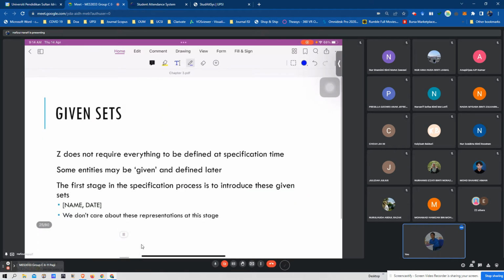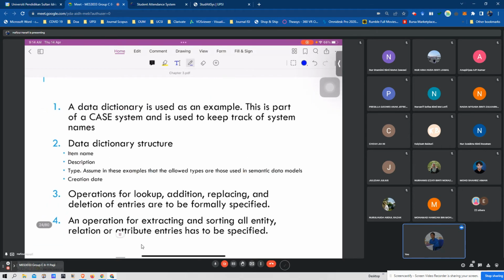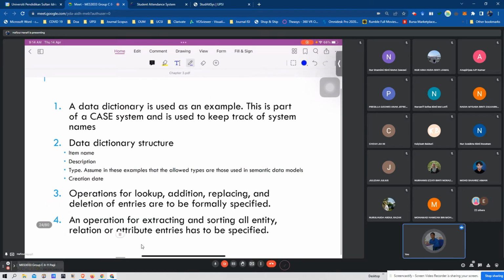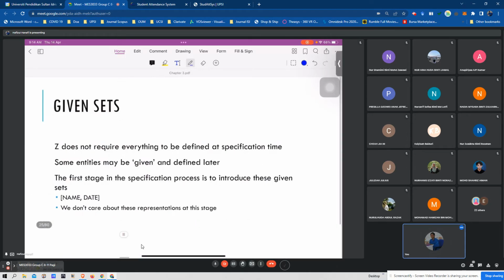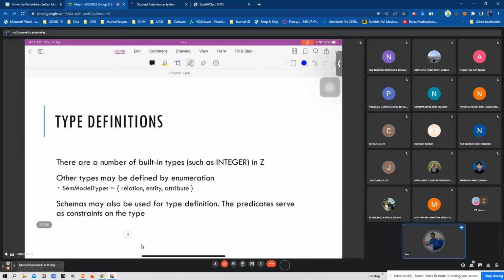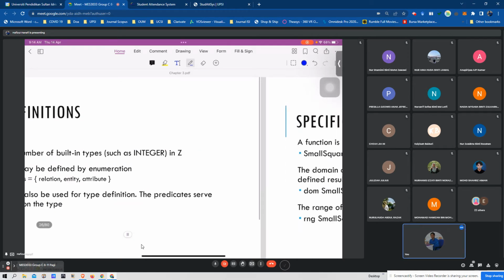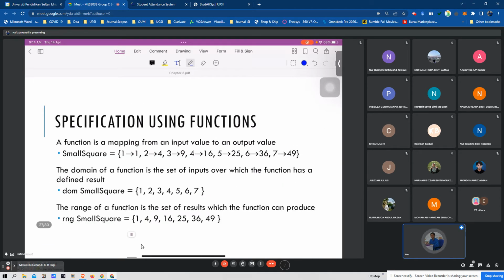Okay, for example, this one is the data dictionary that has several functions or operations. We have a type definition. Schema may also be used for type definition. The predicate serves as a constraint on the data type. Okay, we have a specification using functions.